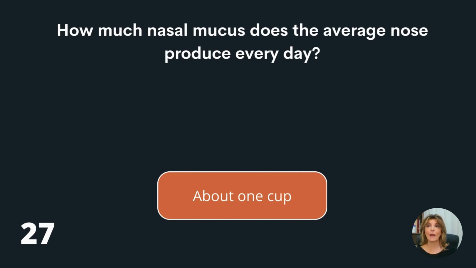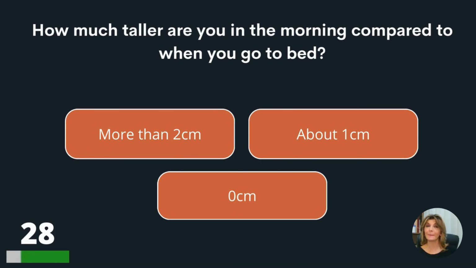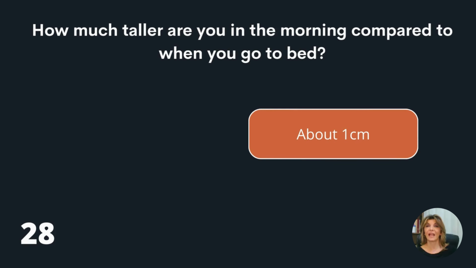How much taller are you in the morning compared to when you go to bed? More than 2 centimeters, about 1 centimeter, or 0 centimeters? About 1 centimeter.